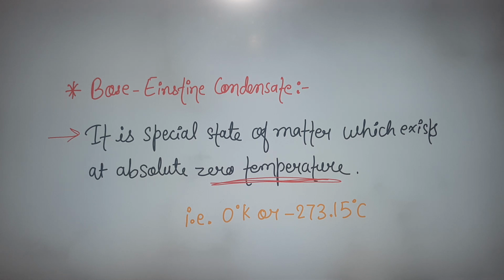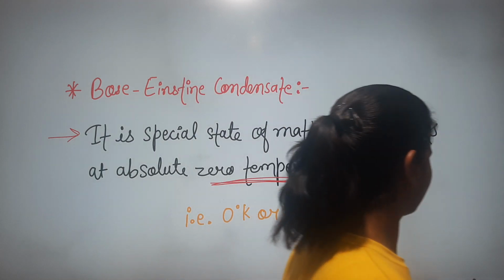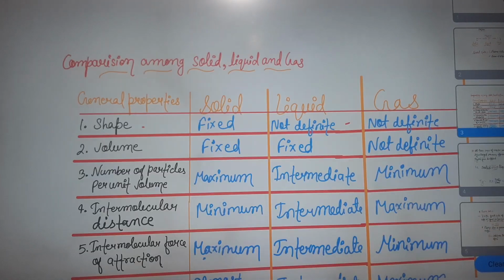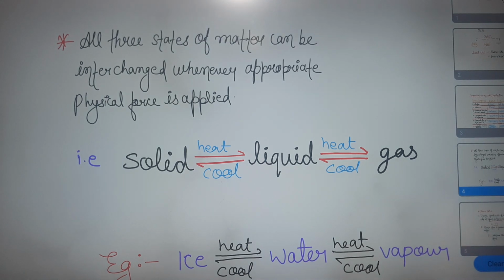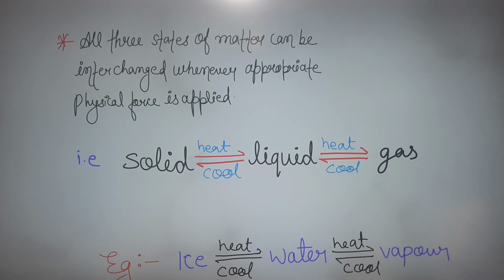And special states of matter are plasma state and Bose-Einstein condensate. After that, we discussed the comparison among the three states, solid, liquid and gas. After that, we saw a point that all three states of matter can be interchanged whenever appropriate physical force is applied.